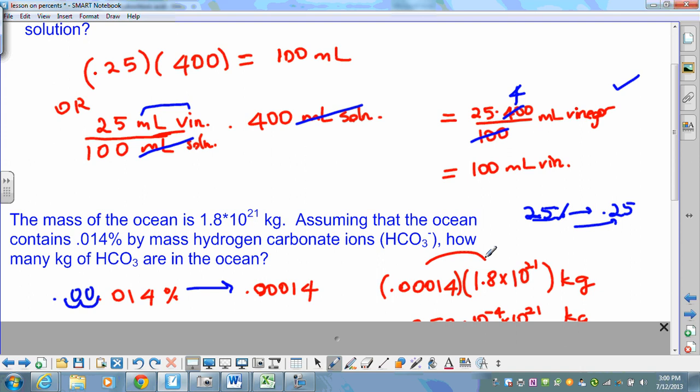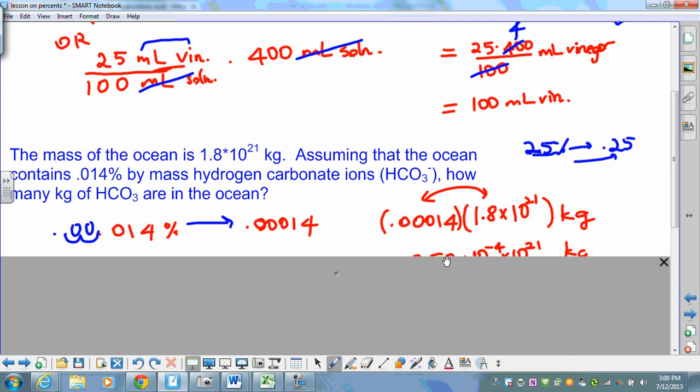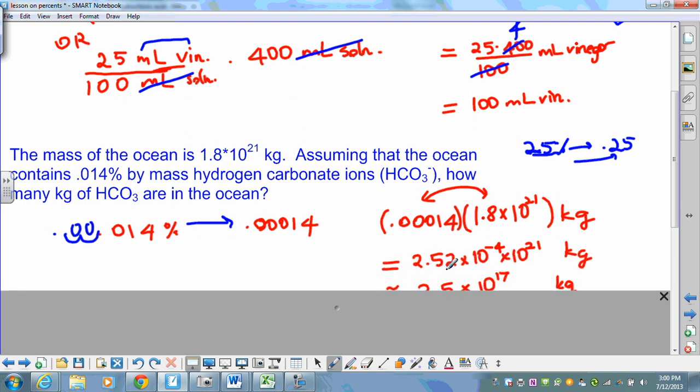So that's how you convert that percentage to a decimal, and then you can take that value and multiply it by the given quantity to find 0.014% of the given quantity, and that will give you the actual amount of the hydrogen carbonate ions. The way I did it is first I multiplied just 0.00014 times 1.8 on the calculator, and I got 2.52 times 10 to the negative 4.